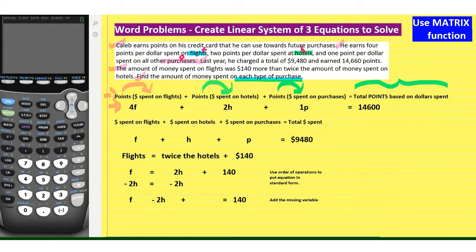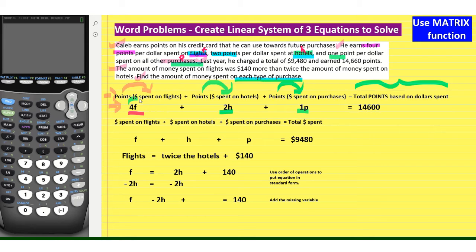Okay, so let's go ahead and look at the next line. Basically, 4F means the 4 points that he's going to earn for flights. And then we have 2H, which means that he's going to earn 2 points for the hotel purchases. And then we also have the 1 point for all the other purchases, so that's where we get 1P.